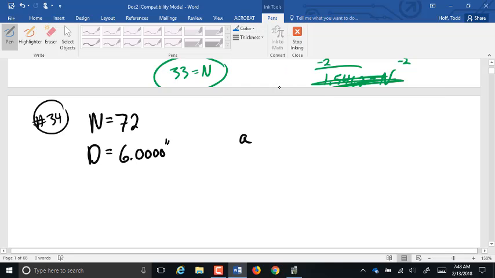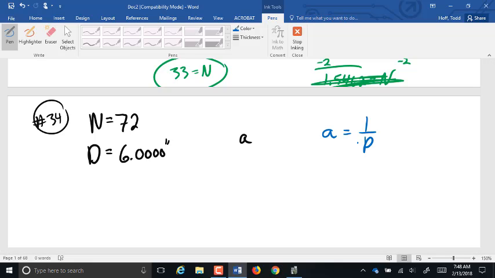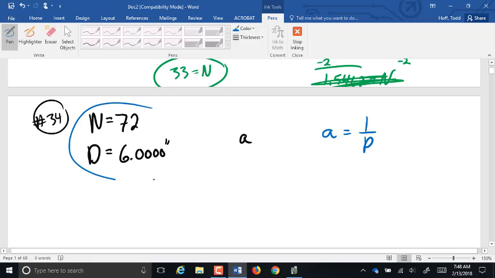If I look up the addendum, there isn't going to be a formula for addendum that requires number of teeth and the pitch diameter. Our formulas for addendum require the pitch or the circular pitch. So A equals 1 over P is a formula for that. Obviously, I don't have the pitch, but let's look up the pitch and see if we can find the pitch from the information that's given.